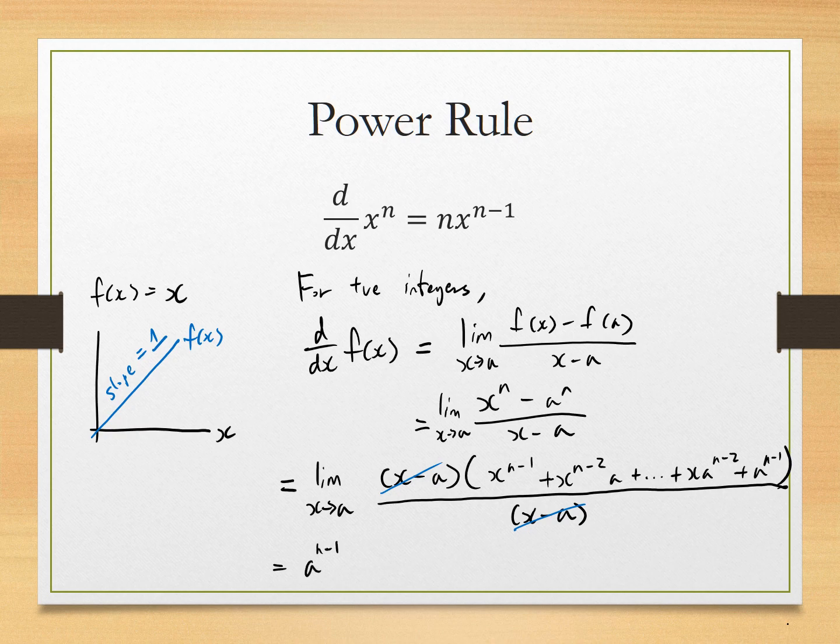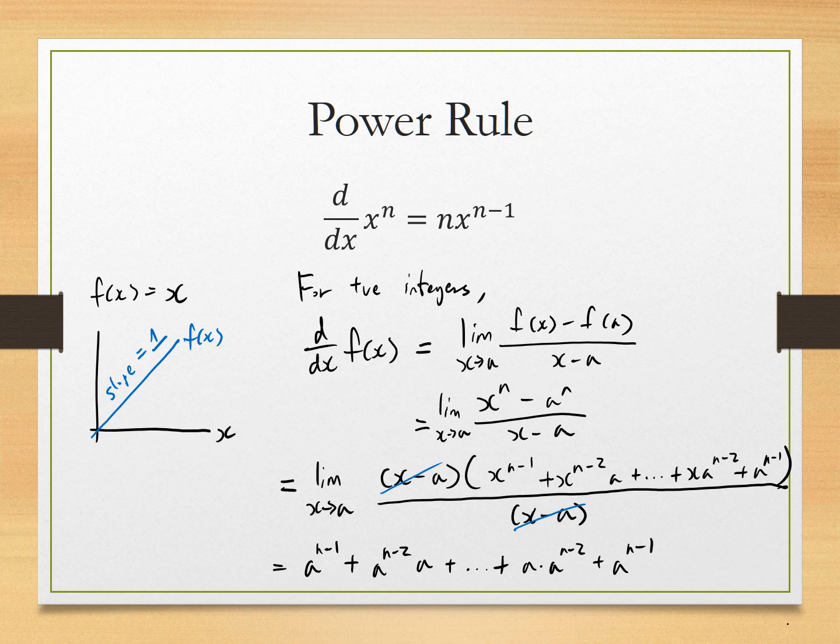You get a^(n-1) plus a^(n-2) times a plus dot dot dot plus a times a^(n-2) plus a^(n-1). So what you have here are actually a bunch of a^(n-1), right? They are all a^(n-1). The first term, a^(n-1).